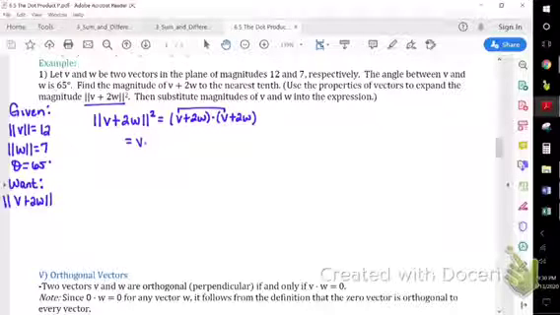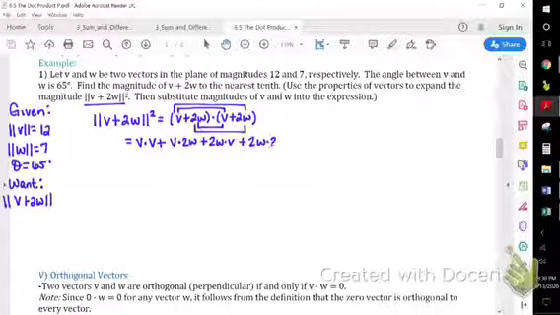So we got v dot v, plus v dot 2w, plus 2w dot v, plus 2w dot 2w.